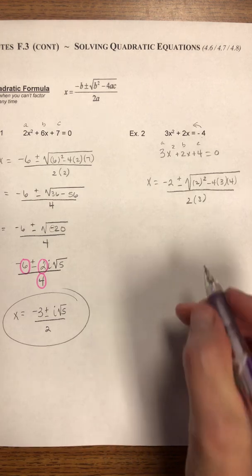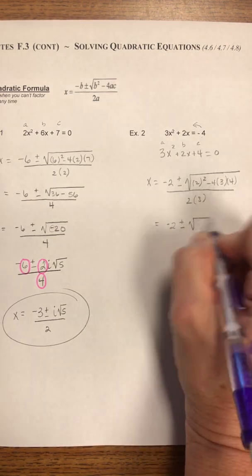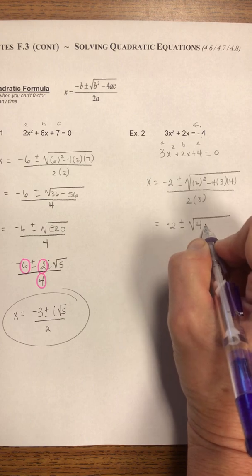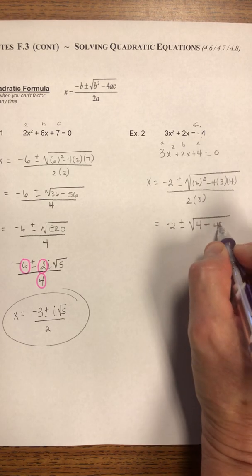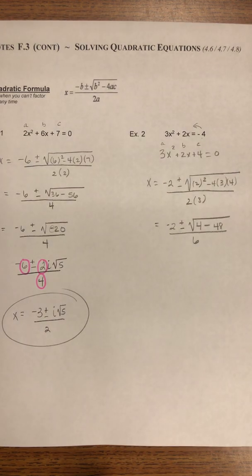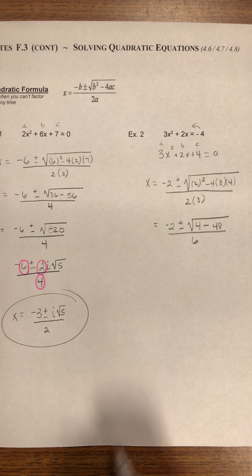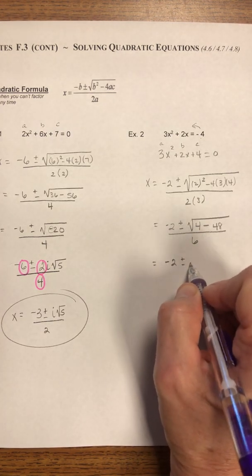Okay, so I'm going to have a negative 2 plus or minus 4 minus, and then I take 4 times 3 times 4, and I get 48 all over 6. So now I need to simplify underneath the radical.